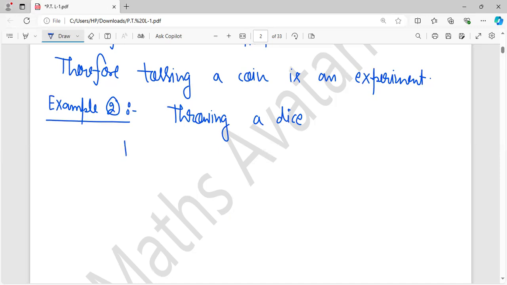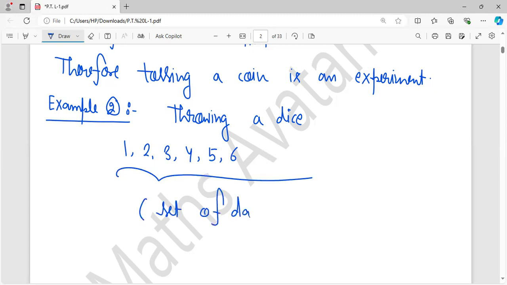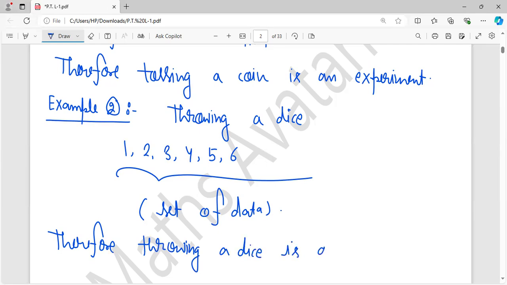So 1, 2, 3, 4, 5, 6 is the set of data. Therefore, throwing a die is an experiment.